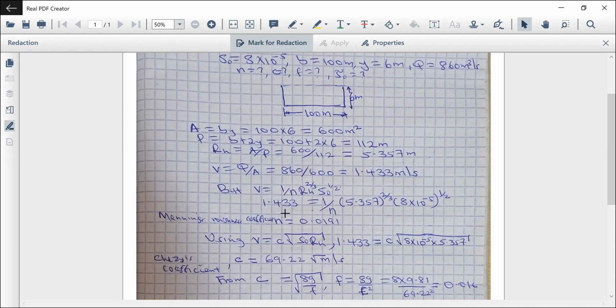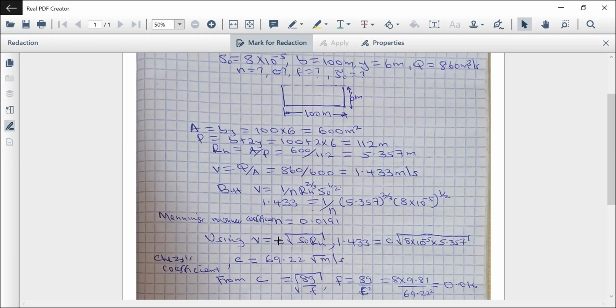So 1.433 is equivalent to 1 over n Manning's, which you don't know, times the hydraulic radius we calculated, 5.357 power 2 over 3, then we multiply by bed slope, which is 8 times 10 power negative 5, all that power a half. So when you compute with your calculator and make n the subject, you find that Manning roughness coefficient n is equal to 0.0191.